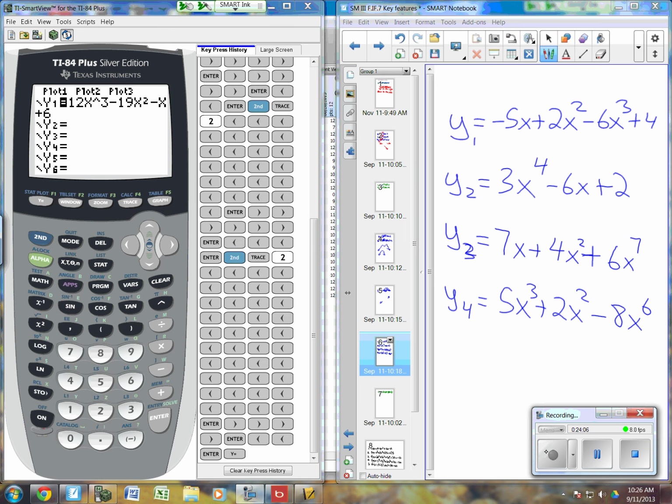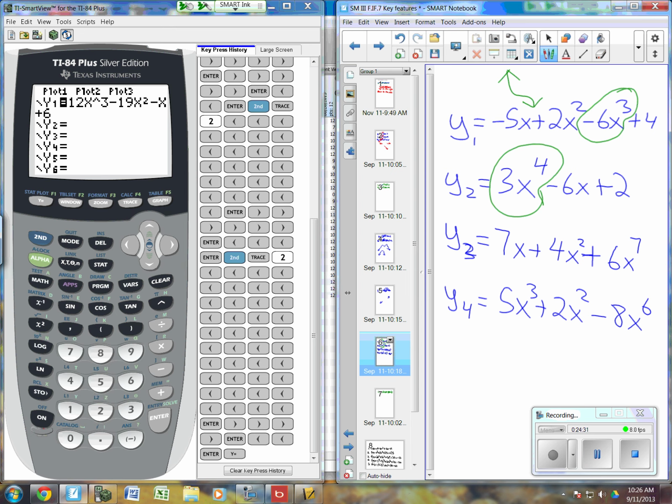What's this one? Here's my highest degree term right here, right? It's odd, so it's going to be going either like this or like this. Since it's negative, it's going to be going down this way, right? Up to the left, down to the right. Okay, this one right here, highest degree term, right there. It's either going to be both going up or down.